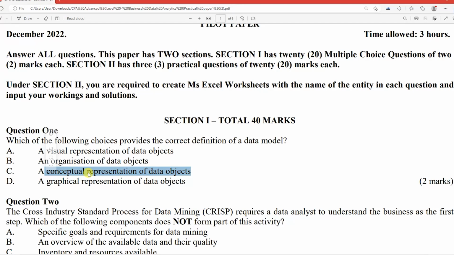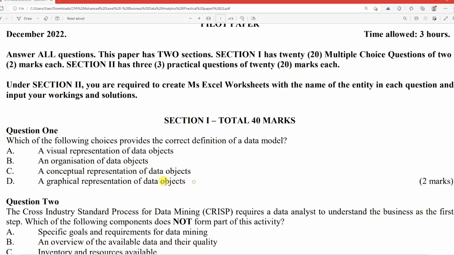A data model is a conceptual representation of data objects, their relationships to each other, and the rules that govern their behavior. It provides the framework for organizing and understanding data, and it also helps to ensure that data is consistent, accurate, and complete. So C is the answer.